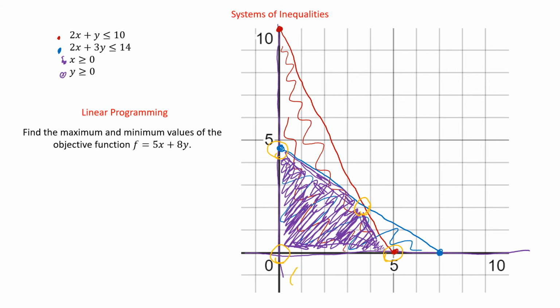We have 0, 0. We have 5, 0. We have this one over here, which was 0, and then it was 14 thirds. And then we do need to find this point. So that's going to be the solution to the system of these first two.